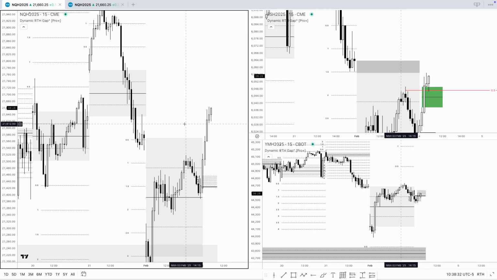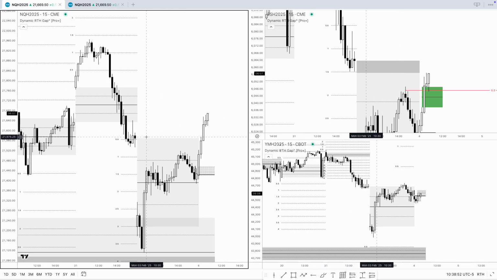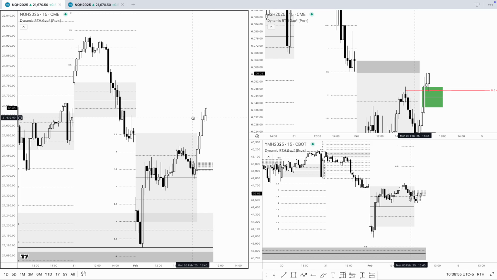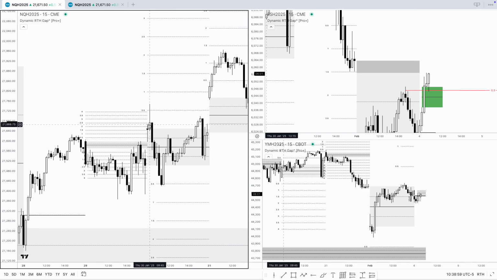Would you say price wouldn't come back to the opening gap most of the time after it has been filled? No, not always, because one of the profiles that I trade is the deceiver. We open that trap, then rebalance the gap, and then reverse.